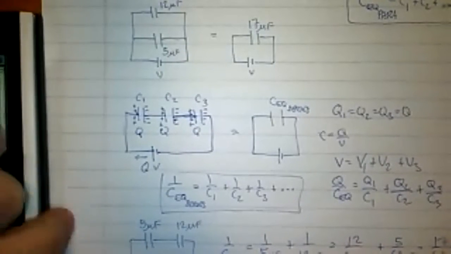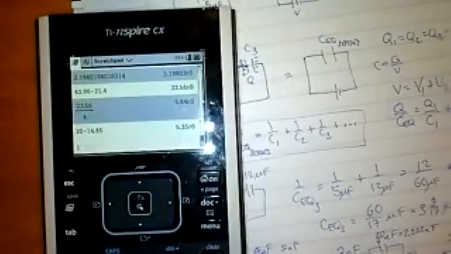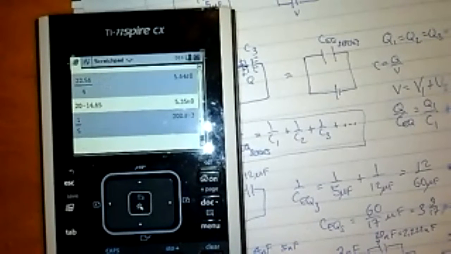So here's a way you can actually do this. It's not necessarily the best way, but if I want to do this calculation right here, which is 1/5 plus 1/12, I can do 1 divided by 5. And actually what you can do, just hit enter and then go plus parentheses 1 divided by 12.